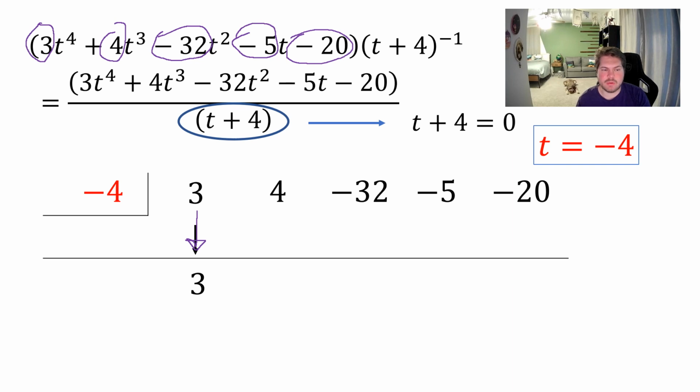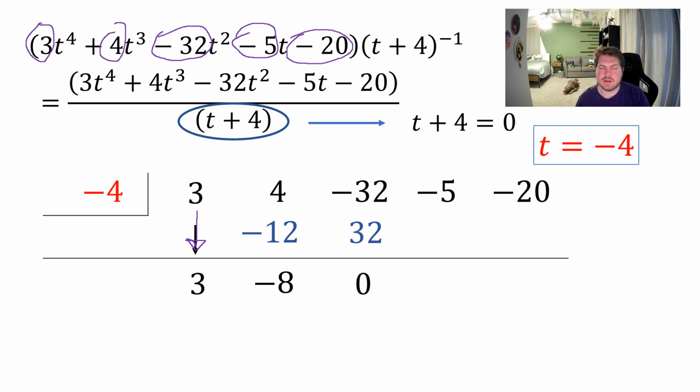So -4 times 3 is -12. Then 4 minus 12 is going to be -8. Then -4 times -8 will be +32. And then -32 plus 32, either way, it's 0.